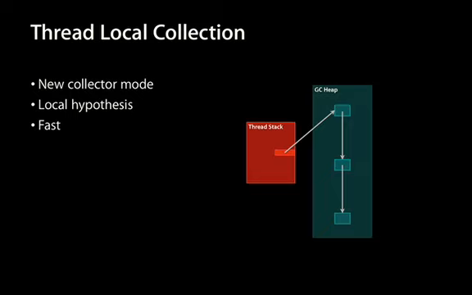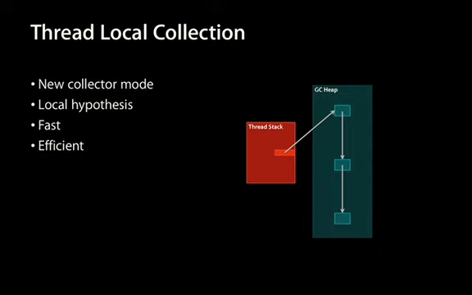It also collects faster because all it has to do is look at one thread stack and all the objects reachable from that. So the full and generational collectors run in about a time that's proportional to the size of your program's heap. The thread local collector is more efficient. It only has to collect as many objects as a particular thread is allocating.